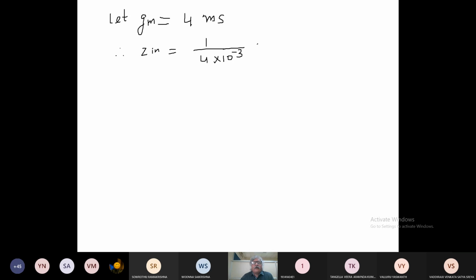If you calculate this, you will get 250 ohm.